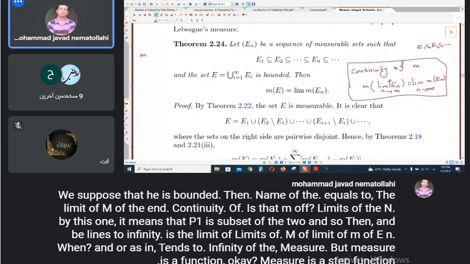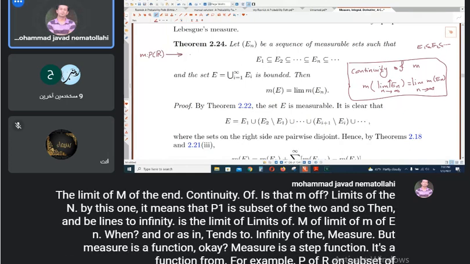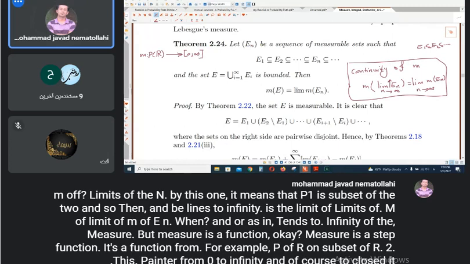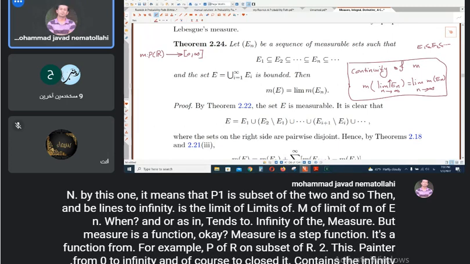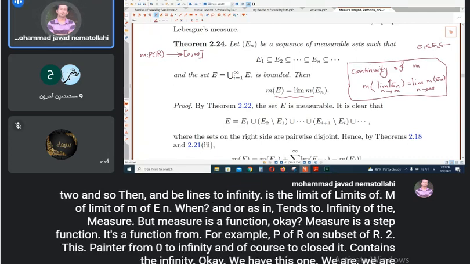It's a function from, for example, P of R, or subsets of R, to the interval from 0 to infinity, and of course to the closed interval which contains infinity. Okay, we have this one. We are supposed to prove this.